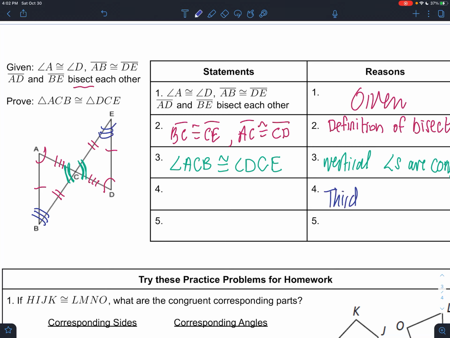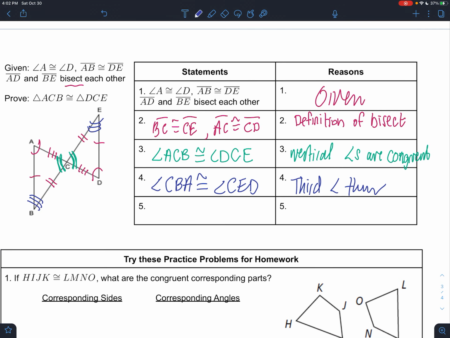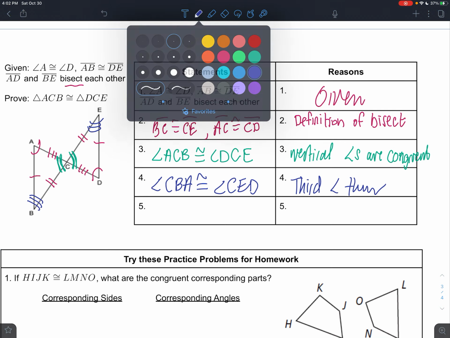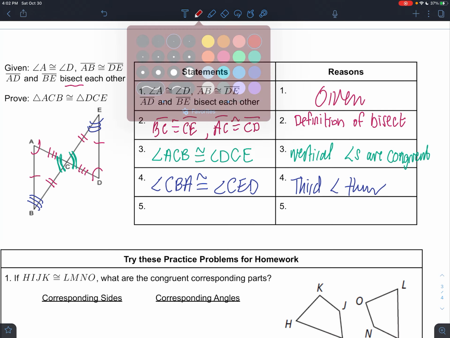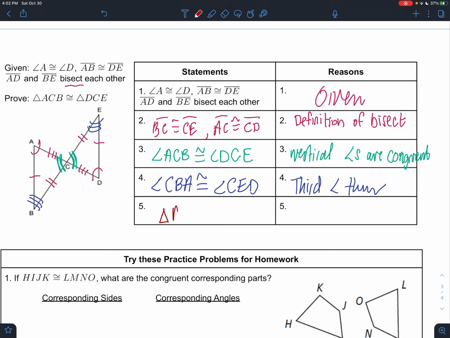So third angle theorem. Okay. So angle CBA is congruent to angle CED. Those blue ones are equal. Okay, so we've matched all 3 up, so we get A, C, B. We get what we want to prove.